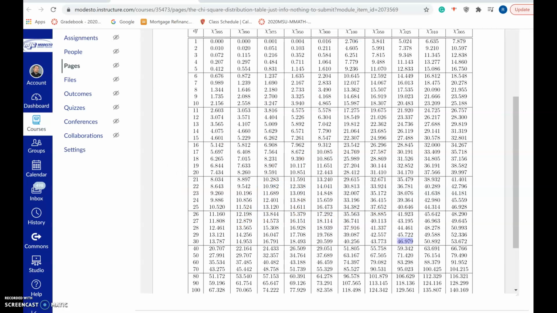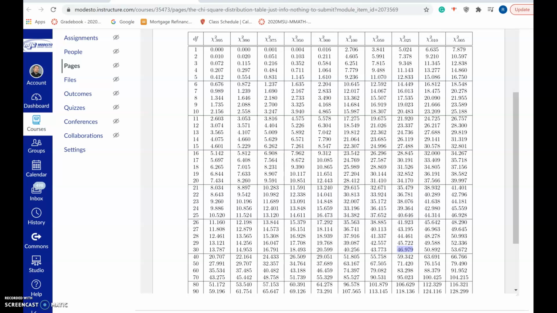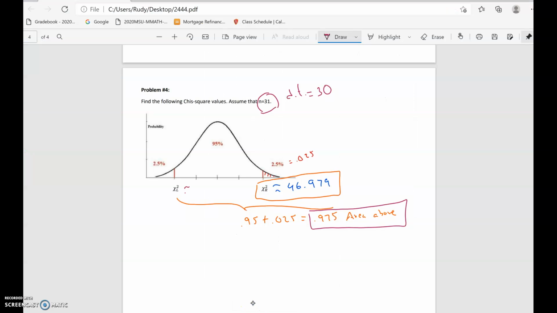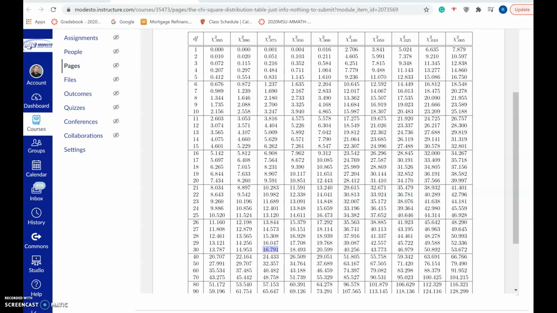You're still looking at 30 degrees of freedom, but the 0.975 is going to be here. So in this case, this one is 16.791.